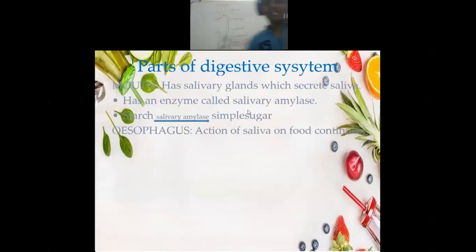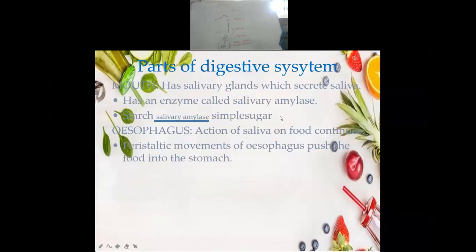As you can see here in the digestive system, the mouth is the first organ in our whole digestion. Then comes the second organ, the esophagus. The action of saliva on food continues in the esophagus, a long tube where food and saliva get mixed.